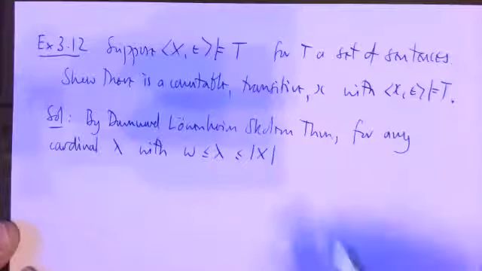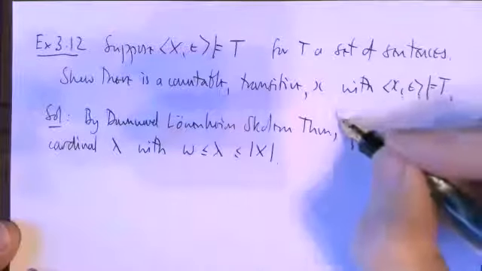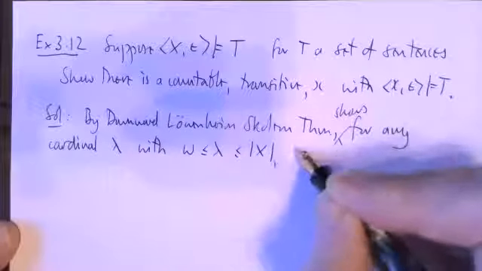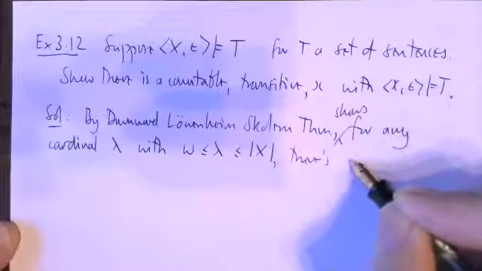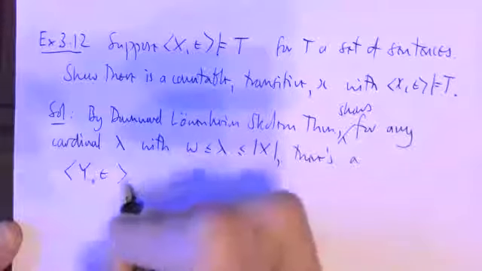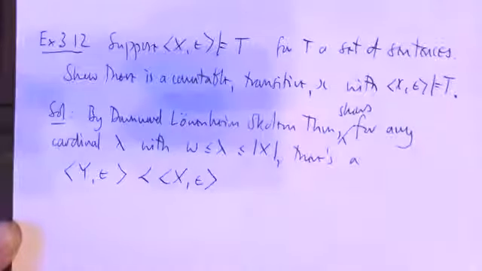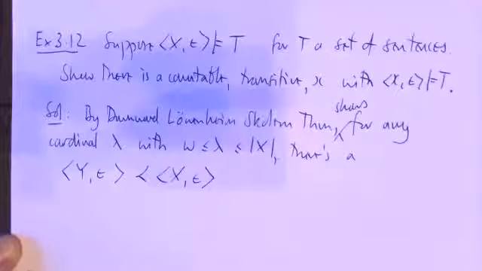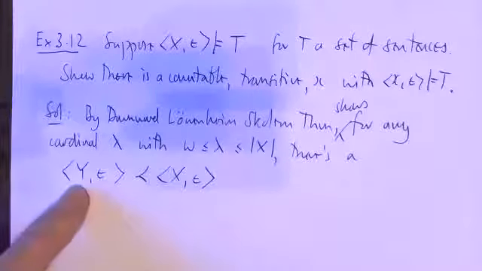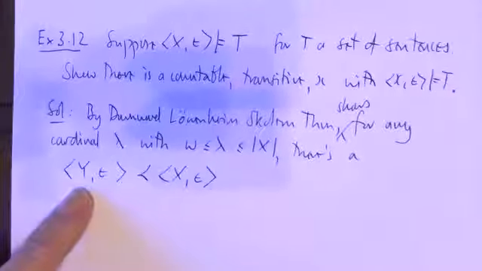The downward Löwenheim-Skolem theorem shows there's a Y which is an elementary substructure of X. So any formula in X true about elements from Y is true here if and only if it's true here.